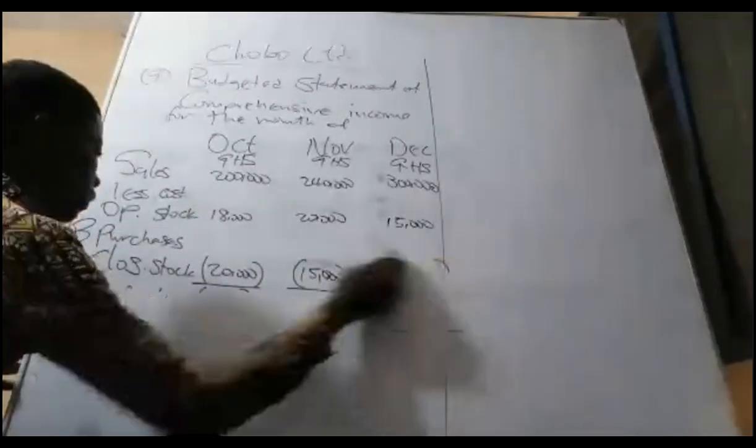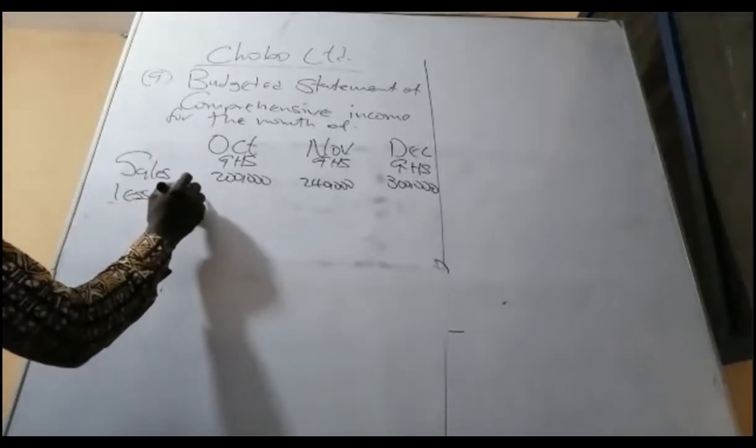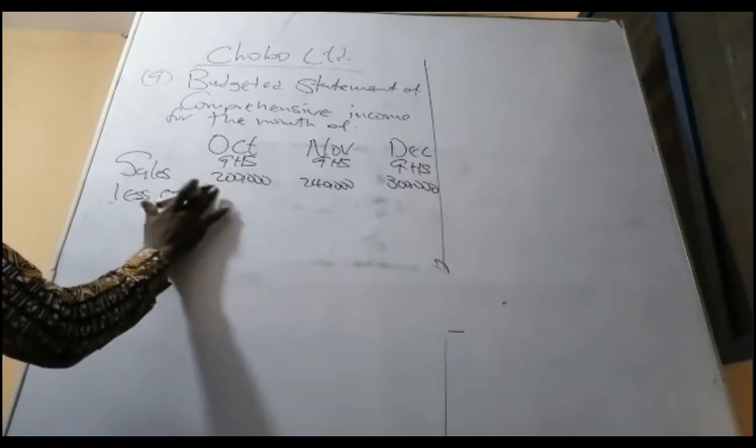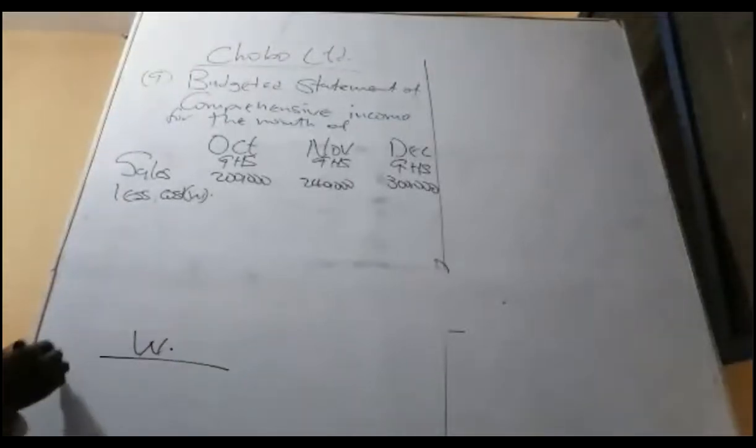So less cost of sales. So cost of sales, in bracket workings number 1. So we are going to calculate the cost of sales. So workings 1. Workings 1.